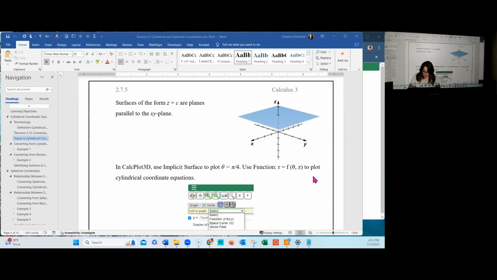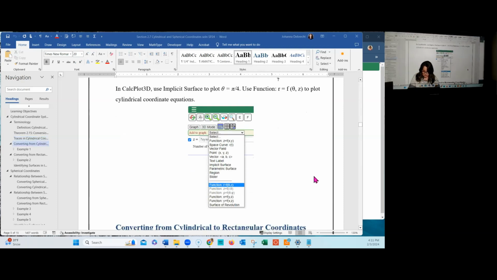In CalcPlot 3D, we'll use implicit surfaces to plot something like theta equals pi over 4. And we'll use a function such as r equal to f of theta, z to plot cylindrical coordinate equations. So you'll see when you click on select, you have a choice, implicit surface, to get theta equals pi over 4.